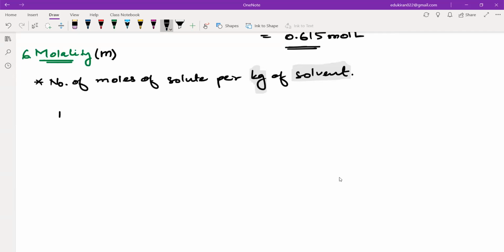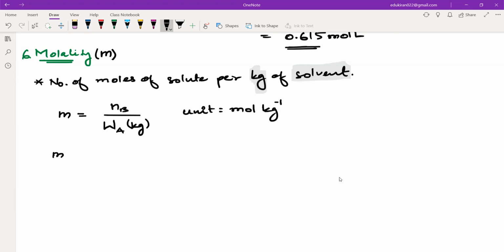Molality is equal to NB upon WA, where WA is the mass of solvent in kg. The unit will be moles per kg.